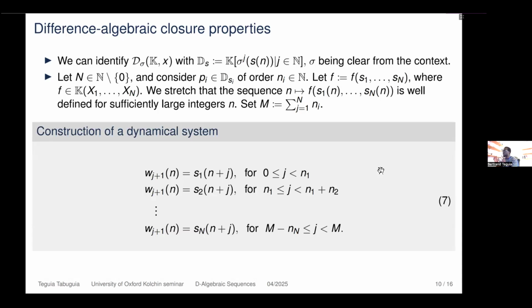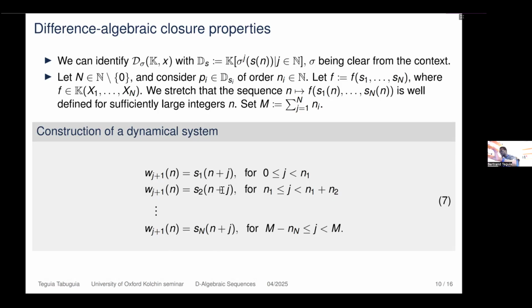We want to construct a kind of dynamical system, a first order equation where the right hand side will be a rational function. We do this transformation here because we create a new variable for all the s_i. We have w_{j+1} equal to s_1(n+j). So we are just creating a new variable associated to each difference polynomial and their difference indeterminates.